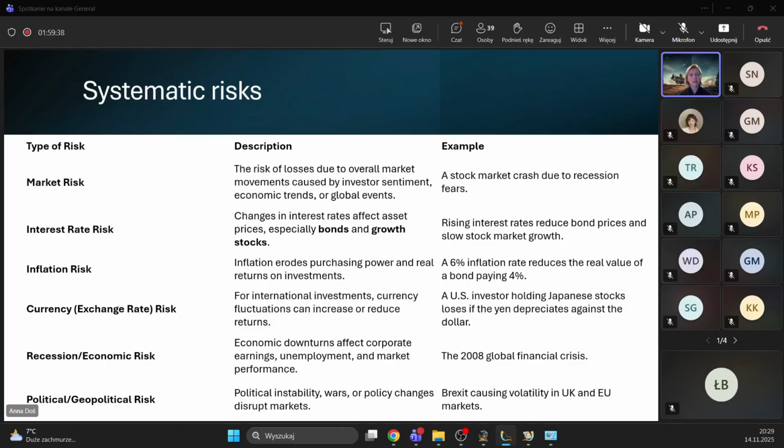Well, systematic risk is not a concept exclusively related to equities. It is also related to other asset classes. Think of bonds. Bonds are especially sensitive to changes in the interest rate. If the interest rate increases, the price of bonds decreases, obviously, all bonds, because the interest rate is the benchmark element of the yield to maturity for all bonds.